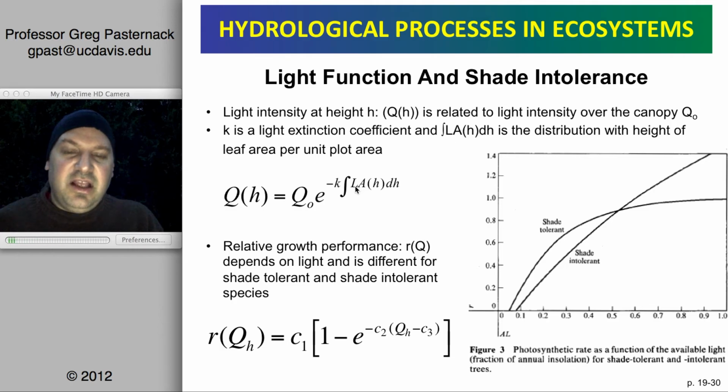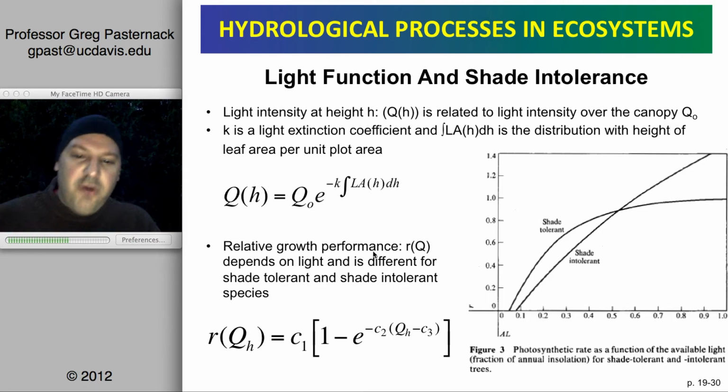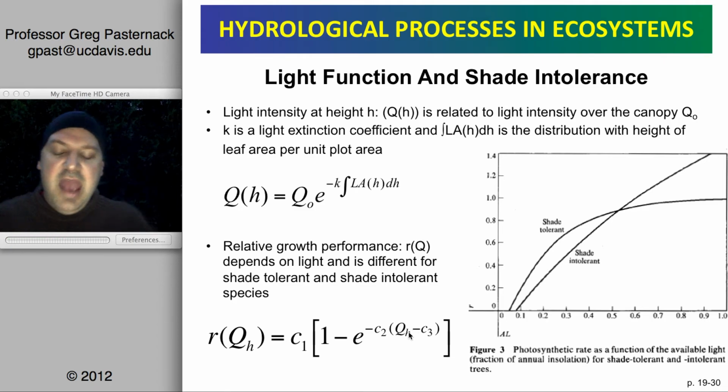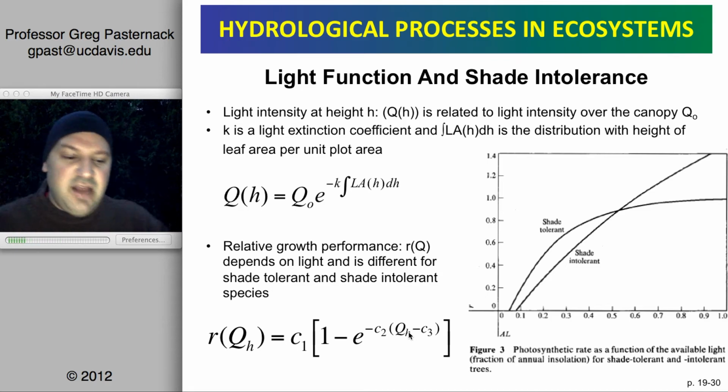I think LA is available light as a function of height. And so the relative growth performance of the tree then depends on the light that's available, which is in this QH term here. And these functions would be different whether it's a shade tolerant or shade intolerant tree.